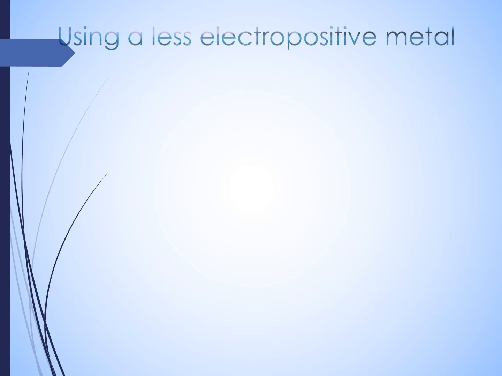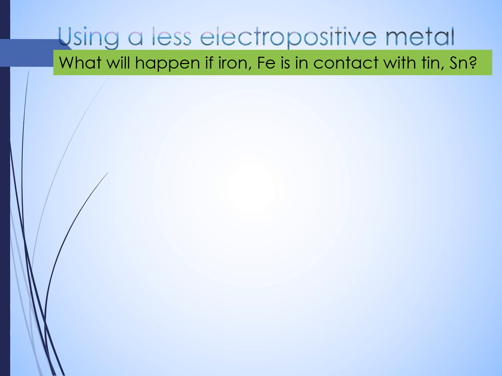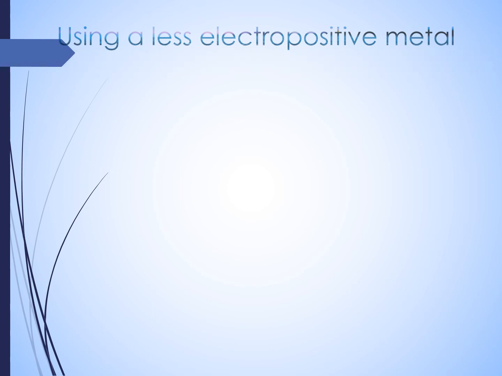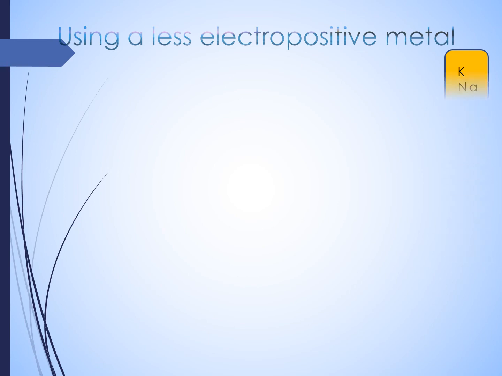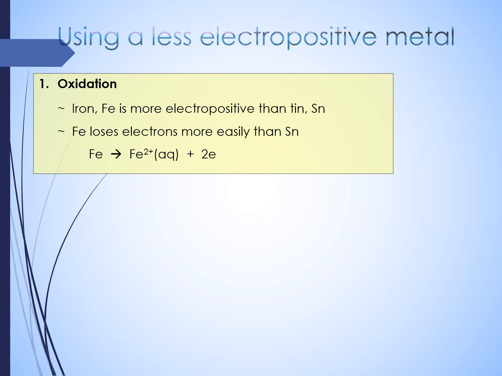When we use a less electropositive metal, what will happen to iron if iron is in contact with tin? As we can see here, tin is less electropositive than iron. So iron is more electropositive than tin. Iron will lose electron more easily than tin to form iron(II) ion.